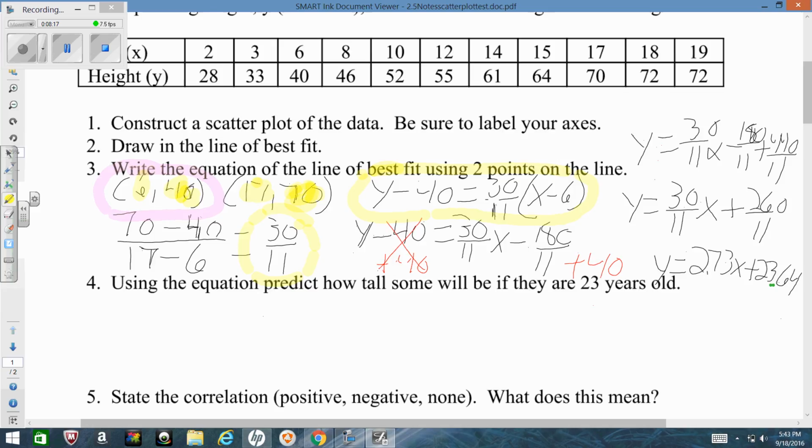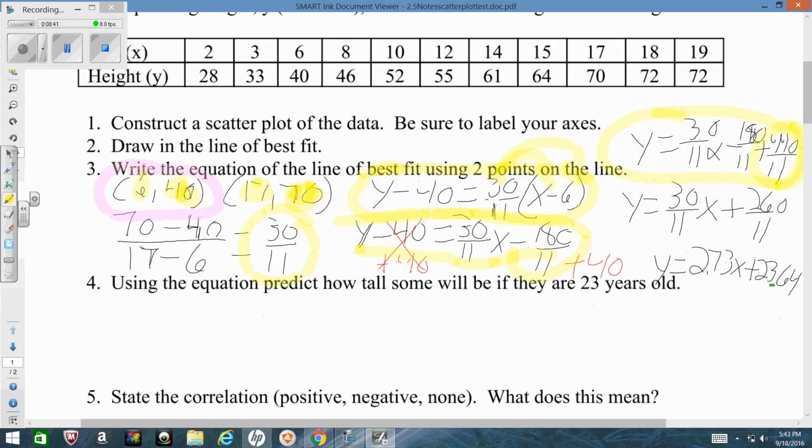30 over 11 was my slope. I then distributed this 30 over 11, so I got y minus 40 equals 30 11ths x minus 180 over 11. I added 40 over, and this 40 became 440 over 11.